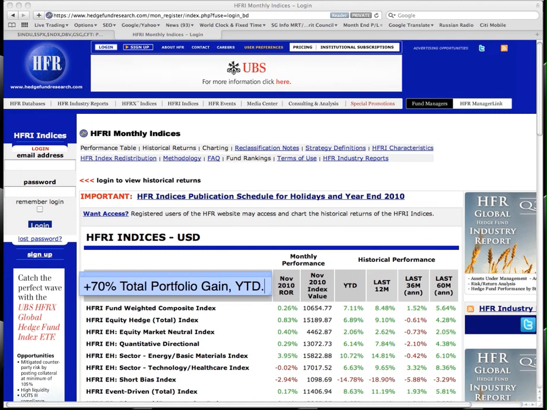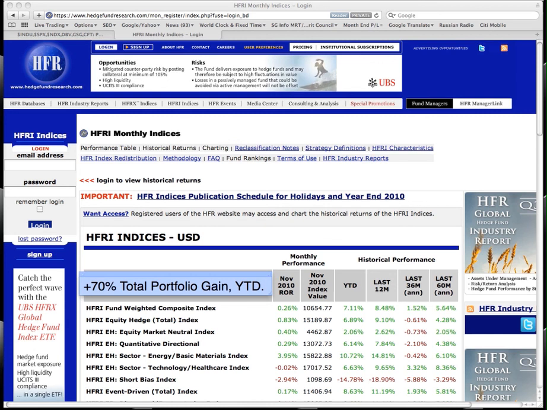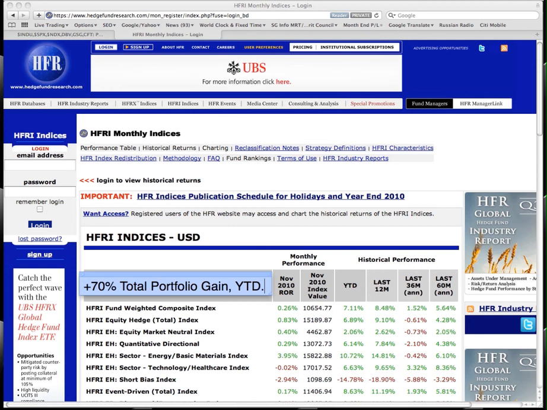Now let's compare the retail portfolio's gains of 70% against professionally run hedge funds. Hedge Fund Research. This firm specializes in the areas of professional index trading and analysis of institutional hedge funds.